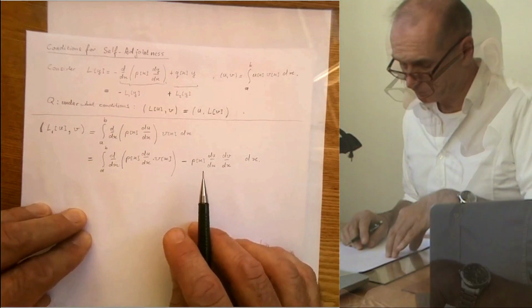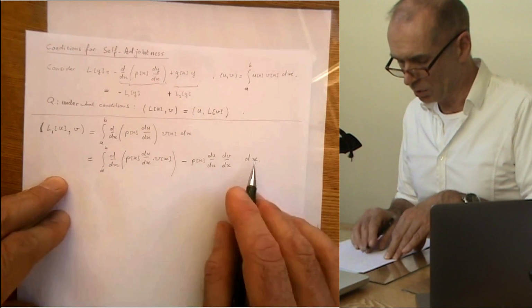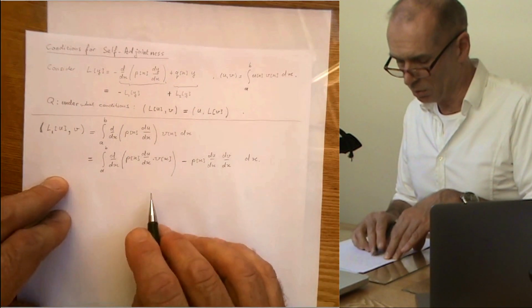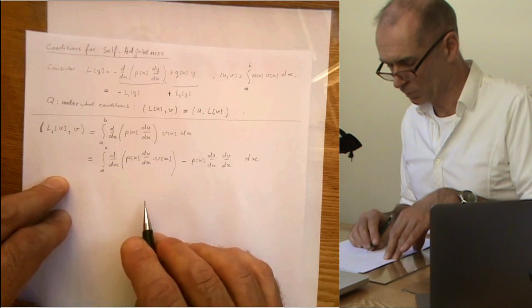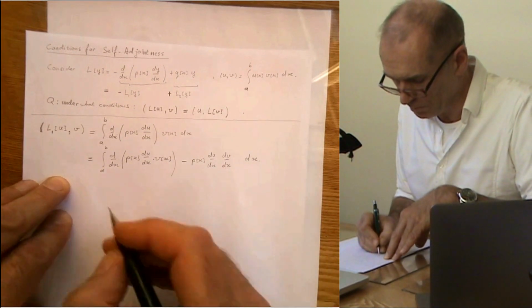Now it's fine. Now as promised, I can integrate this. This is an integral of a derivative, so I get that, and then you have to substitute the boundaries, plus that. So I copy.